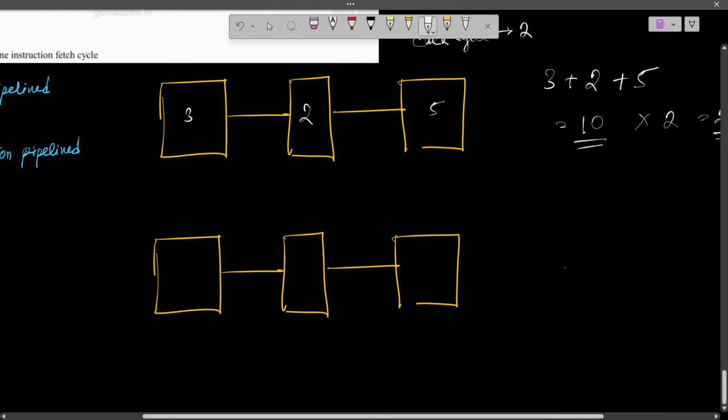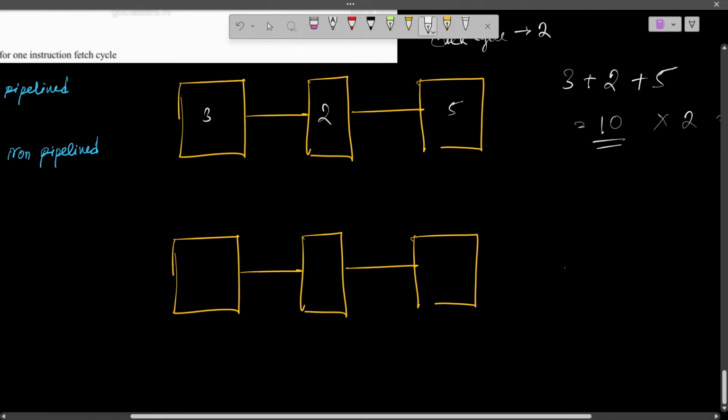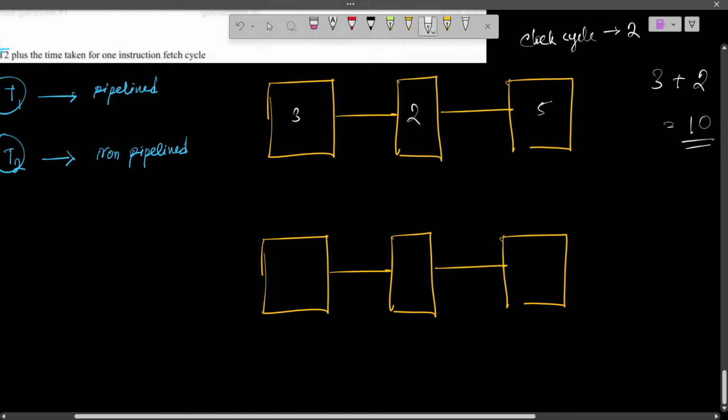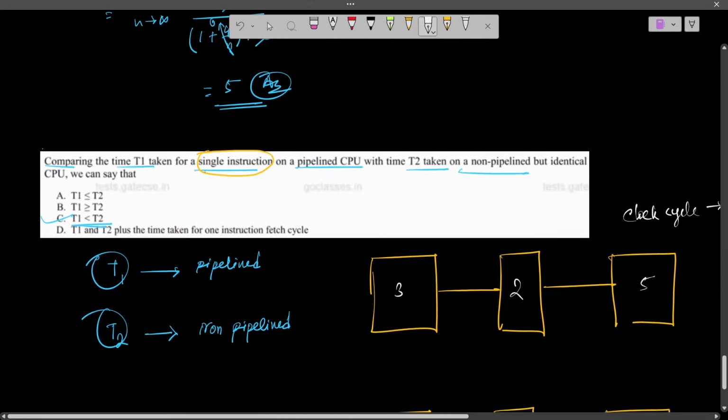But it's actually saying single instruction.